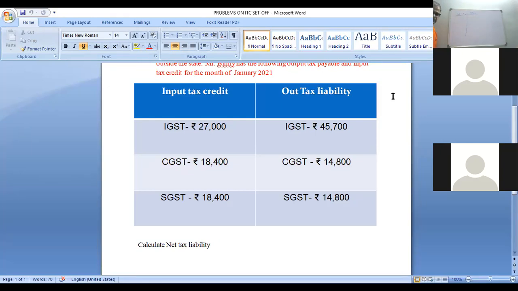The output tax IGST, you have to pay is 45,700. What is the order of payment, from which ITC do you have to pay for IGST? IGST, and then CGST. What is the ITC of IGST? IGST is 27,000.